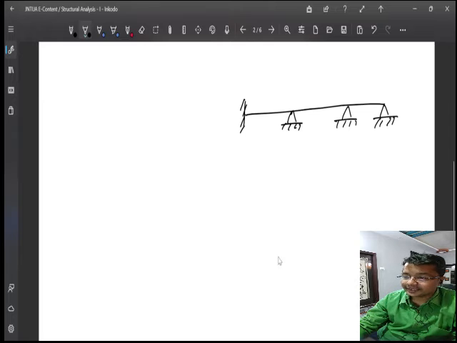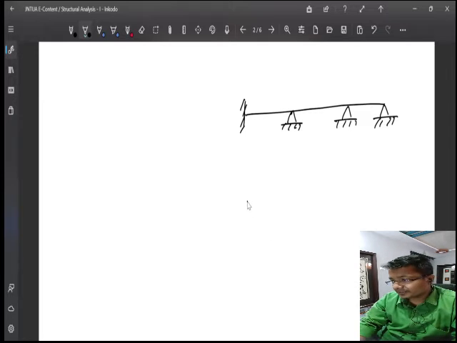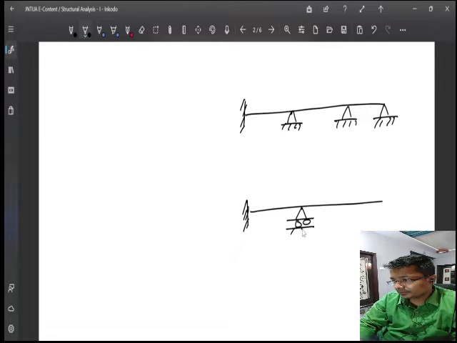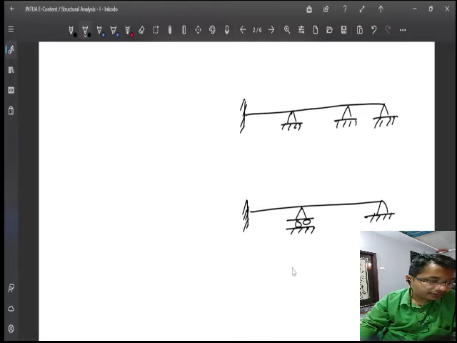I'm just drawing the skeletal structure. Next I have one more continuous beam with a roller at one support and a hinge at the other.